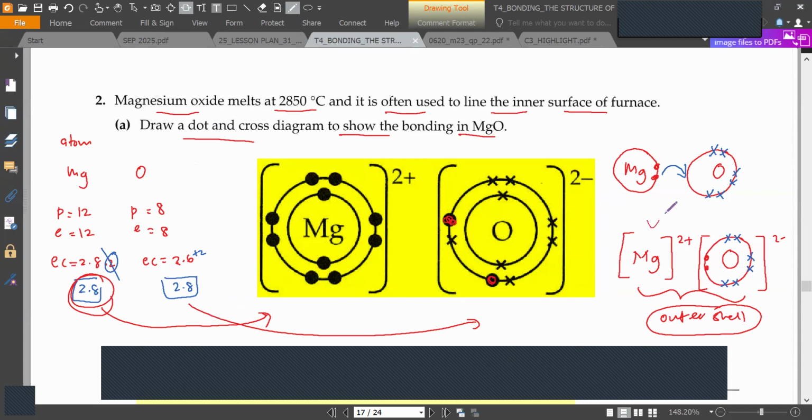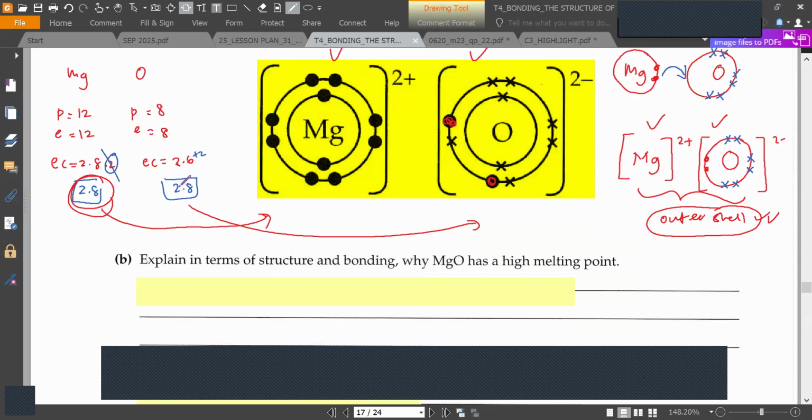Showing just the outer shell is correct, and drawing all the shells is also correct, no problem. But normally in the exam, we just need to draw the outer shell. The inner shell, we don't need to draw it.